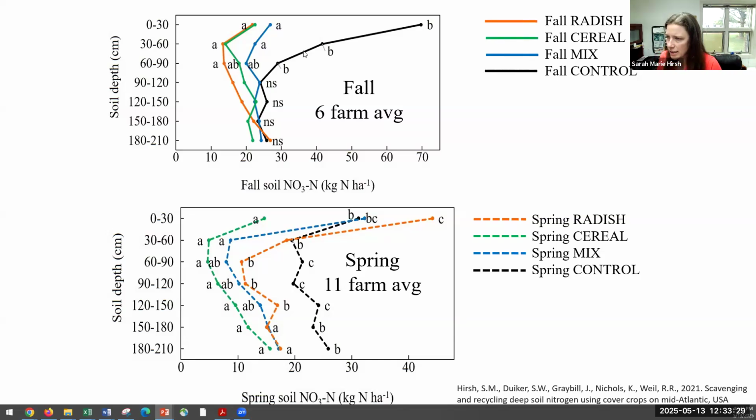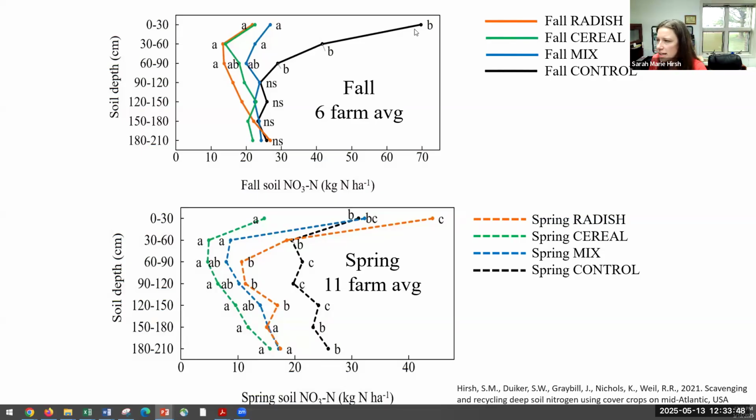And the black line is where there is no cover crop, and these other 3 lines are the different cover crops. So the radish is the orange, the winter cereal is the green, and then the mix, which is the radish plus the winter cereal plus a legume, typically is the blue.